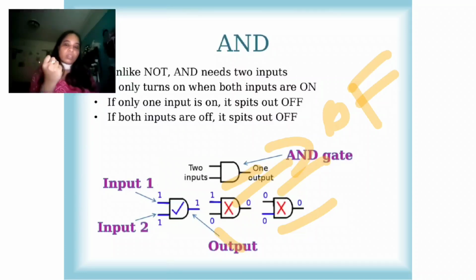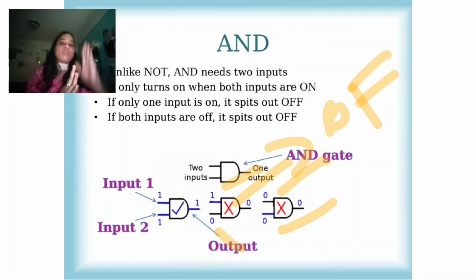Both pilots should give the same input to the engine, and then only will it take off. Otherwise, if one pilot gives the right position and the other pilot gives a wrong switch, what will happen? Automatically the engine will fail. Failure means the flight will go down, so we can't take off.